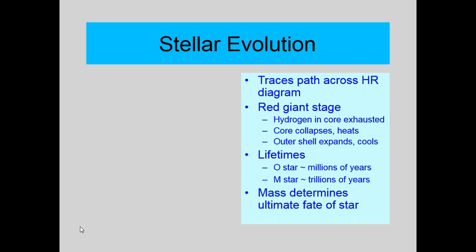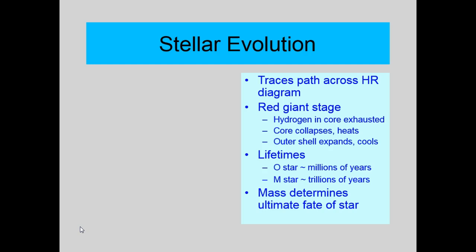And then the M stars, those really cool little bitty stars, they go for trillions of years before they use up all their hydrogen. Even though they burn much cooler, that means they're not burning as fast. So they didn't have as much, but that takes them a lot longer to use it.